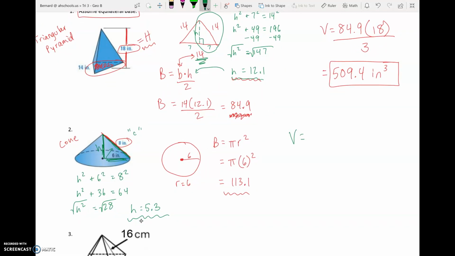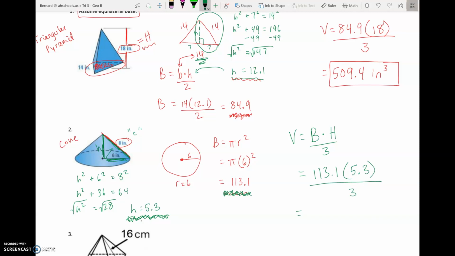And so the volume is again going to be big B times big H divided by 3. And so in this problem, big B we found over here, the area of our circle, that's 113.1. Our h we just found over here with the Pythagorean theorem, that's 5.3. And then remember to divide by 3.